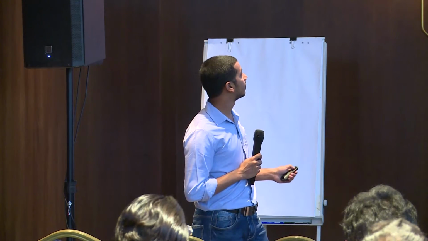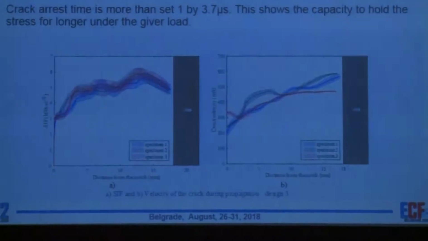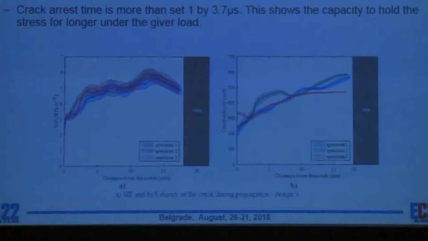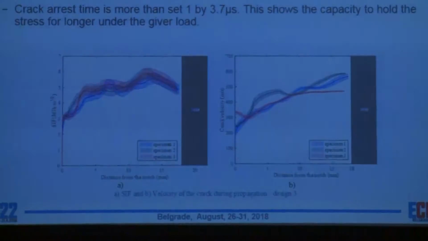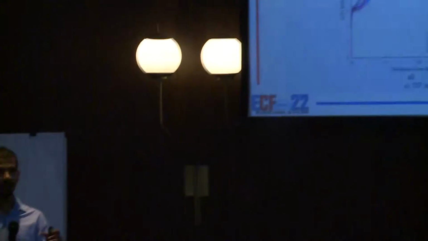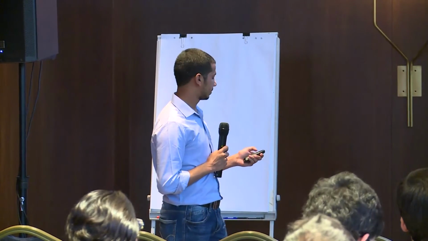That's why the stress intensity factor is almost within a small margin. And the velocity increment is highest in this case compared to the rest. And crack arrest time here is slightly higher than that of case 1. It shows the capacity of the void with an offset that it can carry slightly more load, or it can hold the stress for some more time.